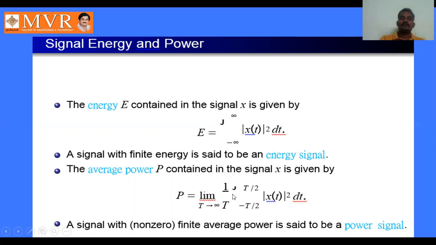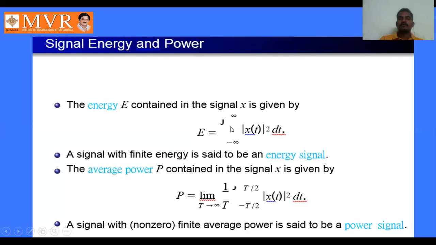So here we are applying a limit. This is nothing but our signal power, the average power, which is represented by P, whereas signal energy is represented by E.